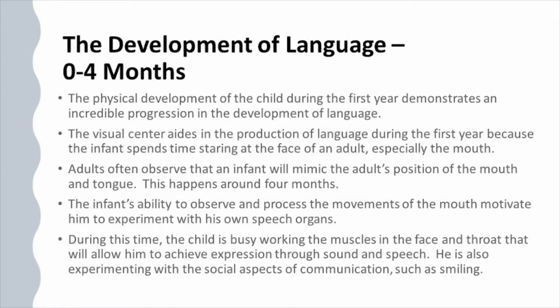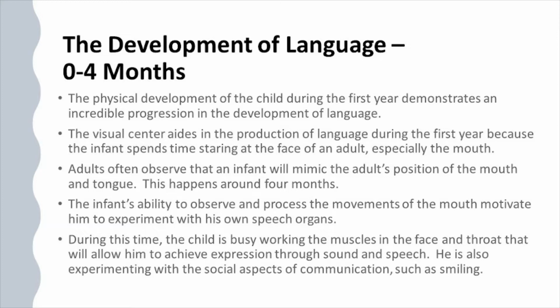So during this time, the child is busy working the muscles in the face and throat. That will allow him to achieve expression through sound and speech. He is also experimenting with the social aspects of communication, such as smiling. And it's about in that time when the child shows the first real smile, right? Around that 4-month period, you really start to see that genuine smile of happiness right there.